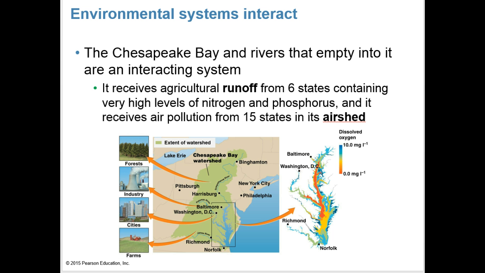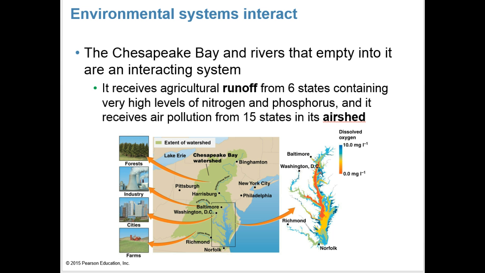Environmental systems definitely interact. When we think of the Chesapeake Bay with its oyster problem, it's not just a problem of just the Chesapeake Bay. Let's think of it as a system with all the areas around it that feed stuff to the system.